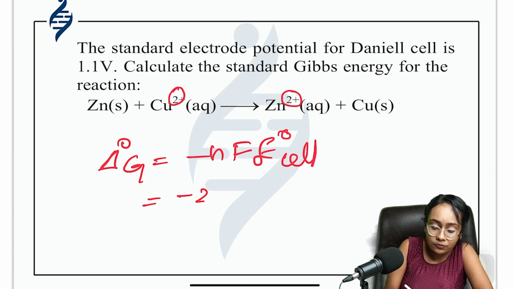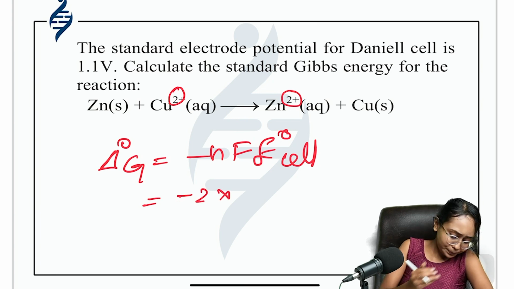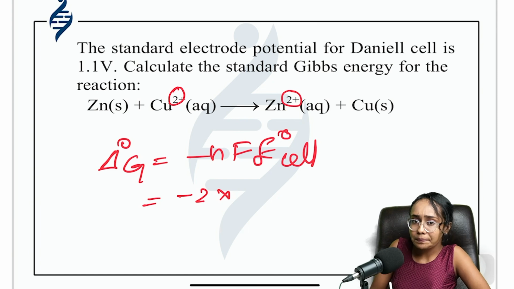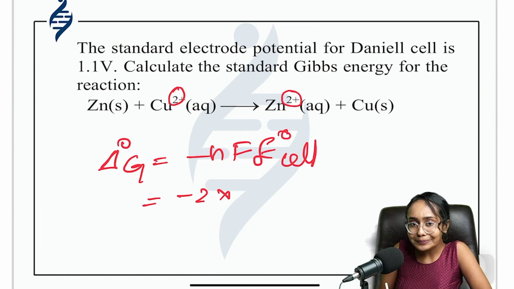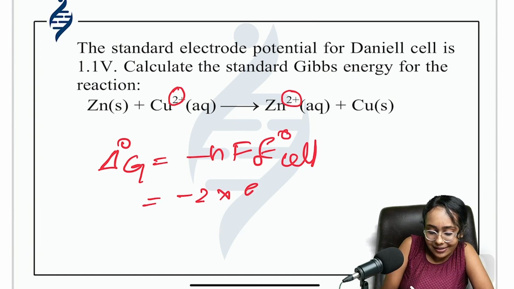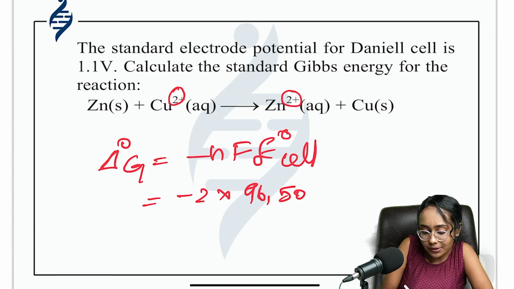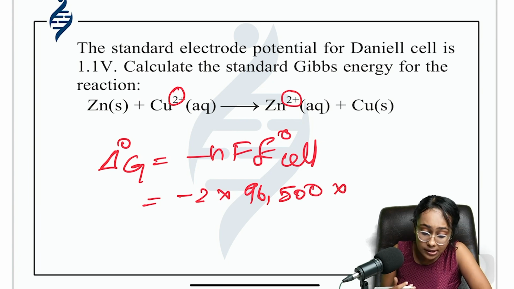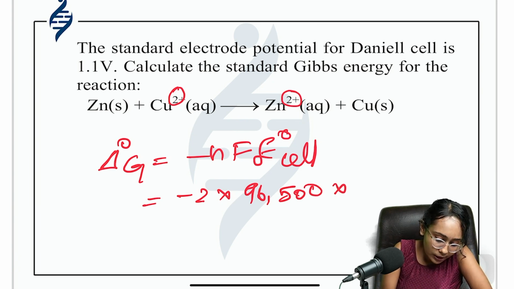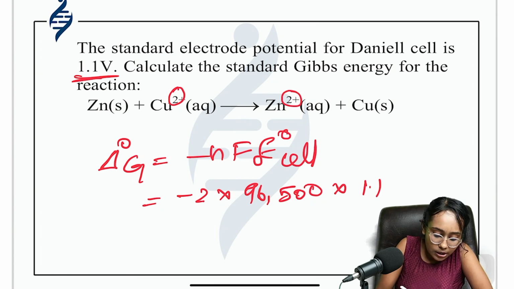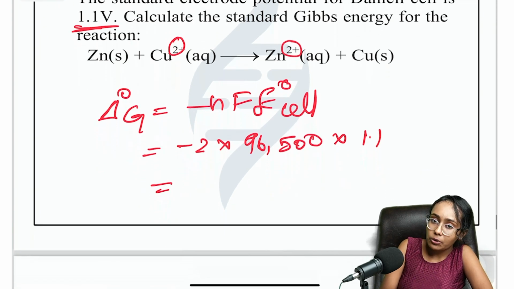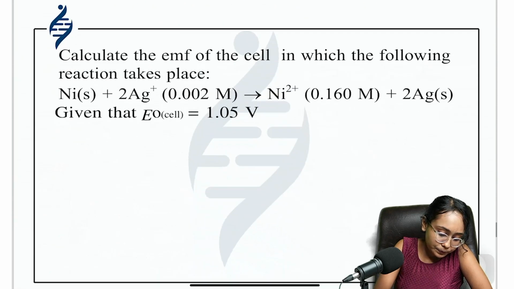So minus 2 into Faraday's constant, 96500, into the standard cell potential given here, which is 1.1 volt. It's given in the question. You just have to multiply this and you'll arrive at the answer.